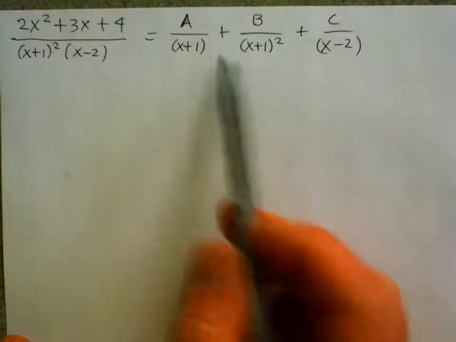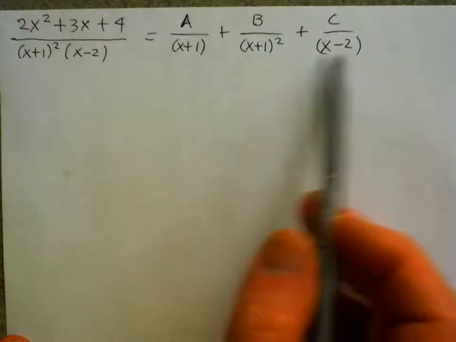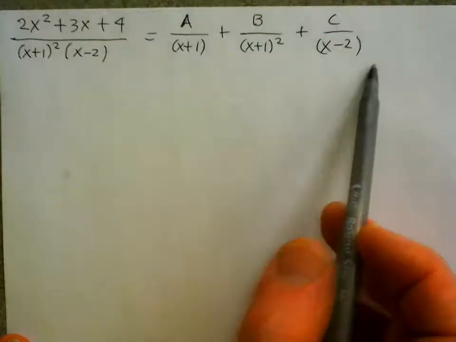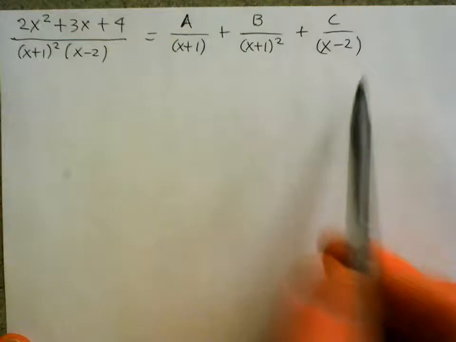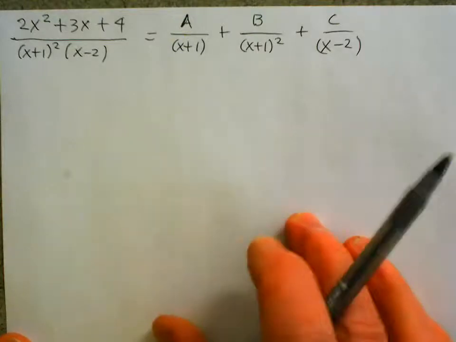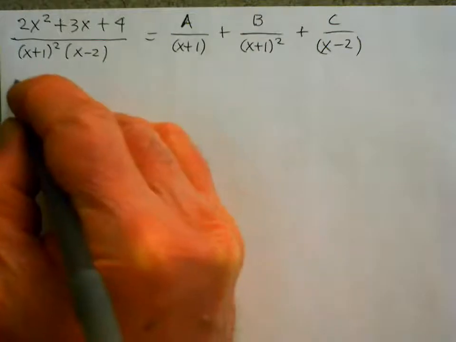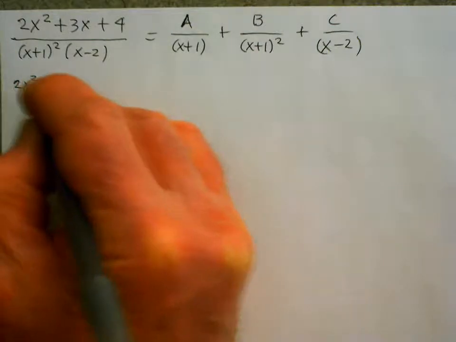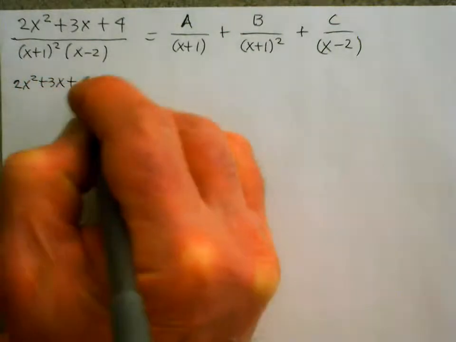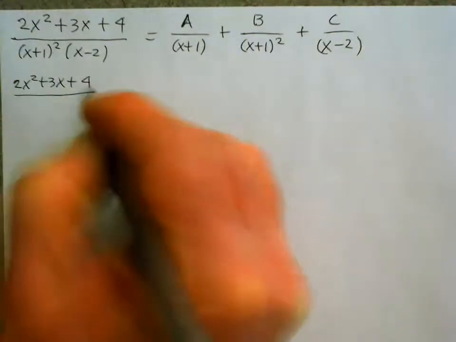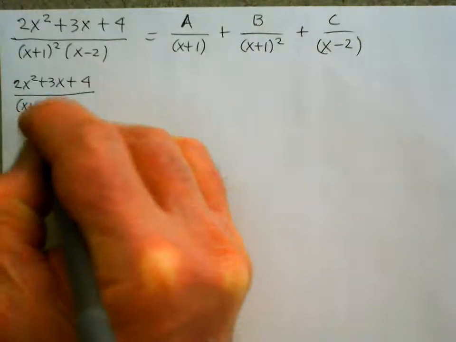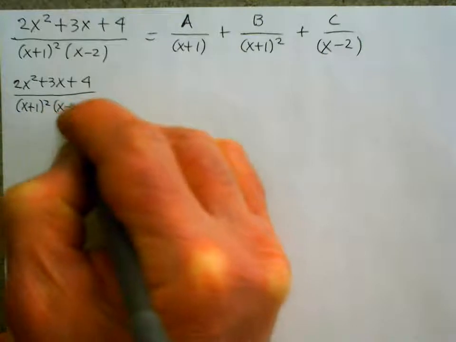Okay, so we're going to add the three fractions on the right-hand side, the three rational expressions. So we have to have a common denominator. So the left-hand side, (2x squared plus 3x plus 4) over (x plus 1) squared times (x minus 2).